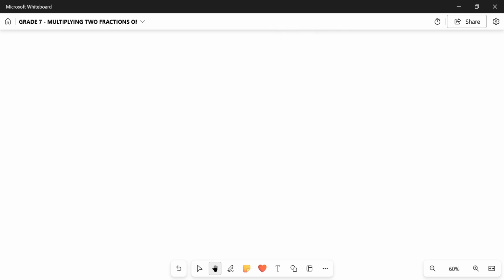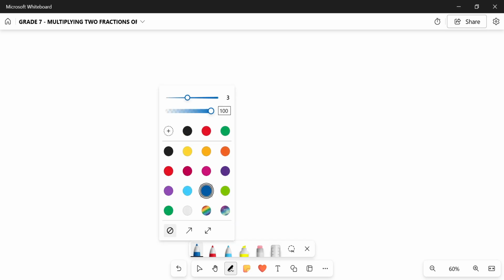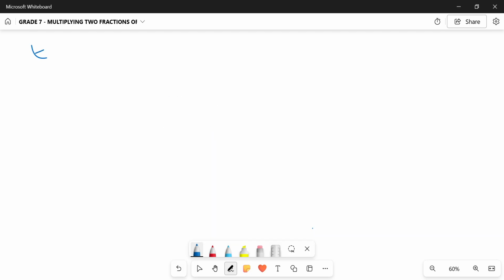Example 3. In this example, we are dividing two fractions. Earlier we have done multiplication, now we are doing division.